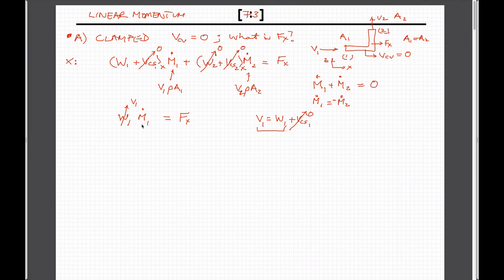And this is V1 density A1. Sign convention, this is positive in the positive x direction. Sign convention, flow in is negative, right? So Fx, the force in the x direction, is just going to be equal to minus V1 squared density times A1.